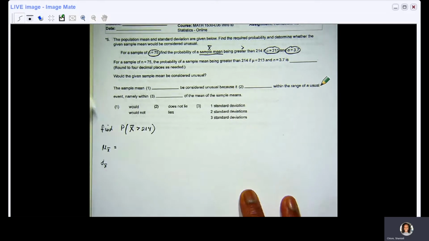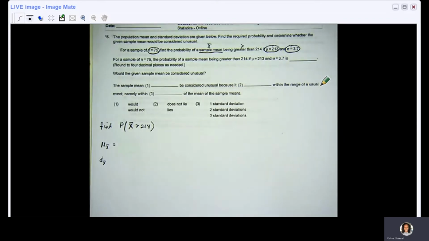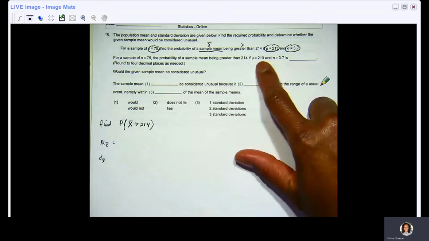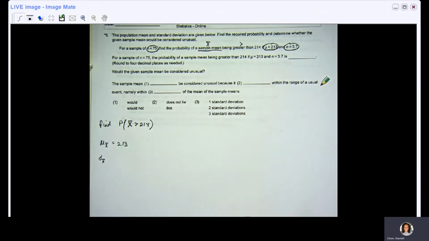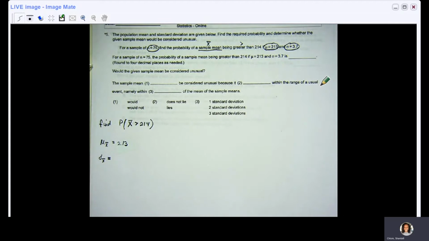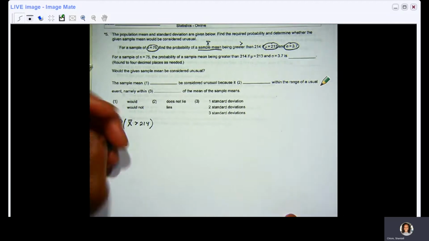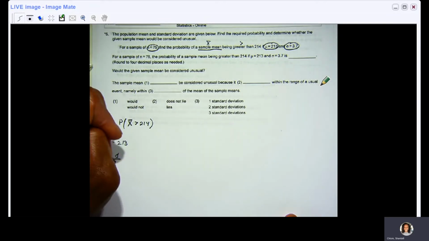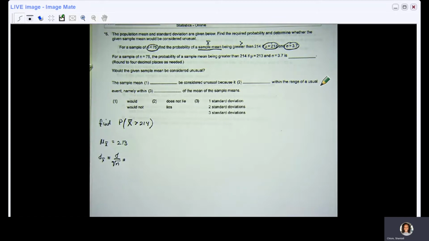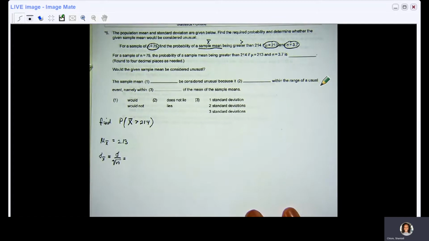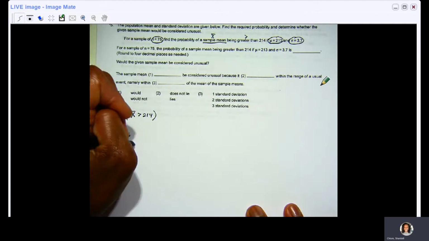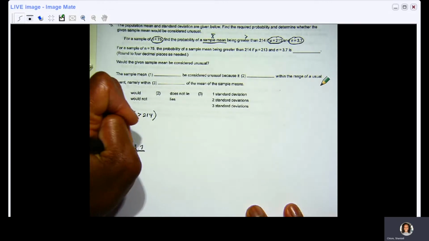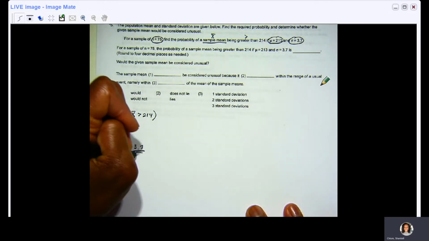The mean is just the same as the population mean, just 213. I apologize. Now we're into the deviation. That is the original deviation divided by the square root of the sample size. So that would be 3.7 over square root of 75.